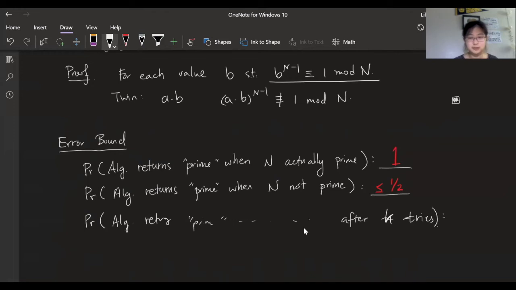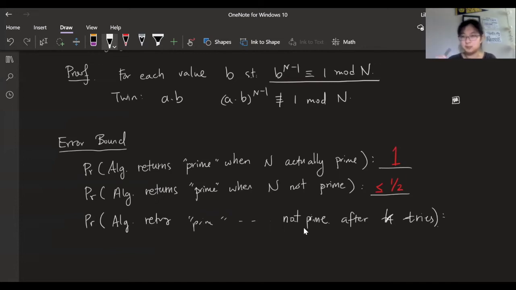What's this probability? It's the probability that every time you run this checker, our algorithm failed, right? This is a failure compounding. You have to compound k failures; every time you have to fail.